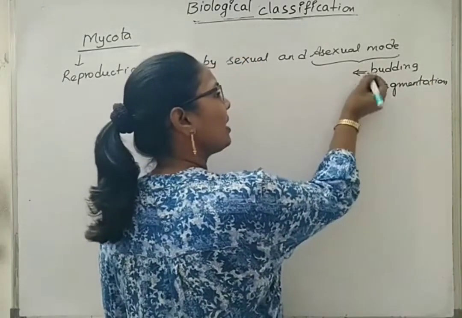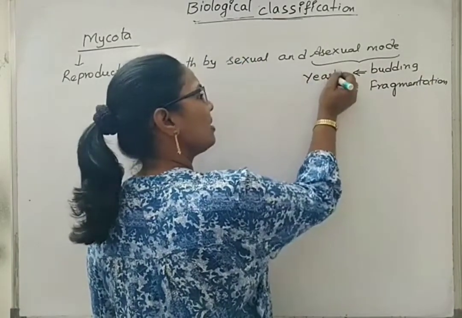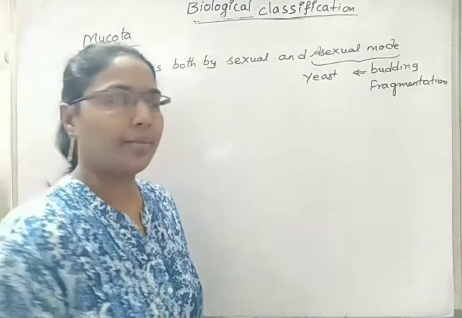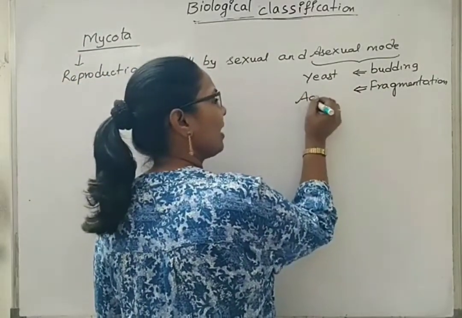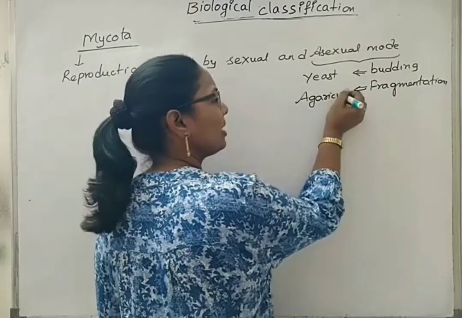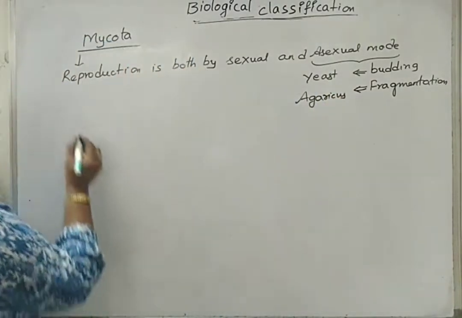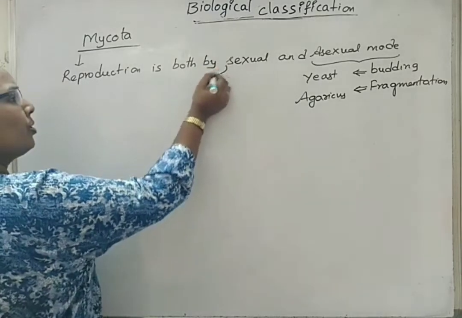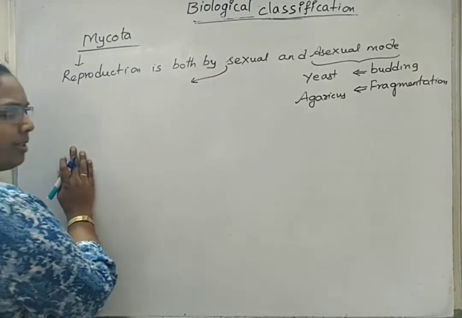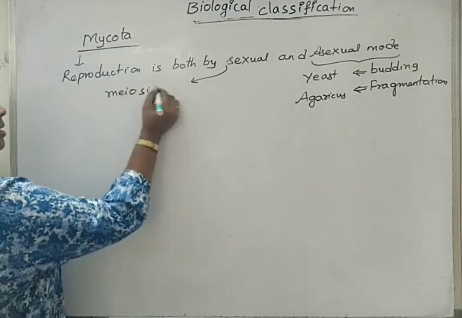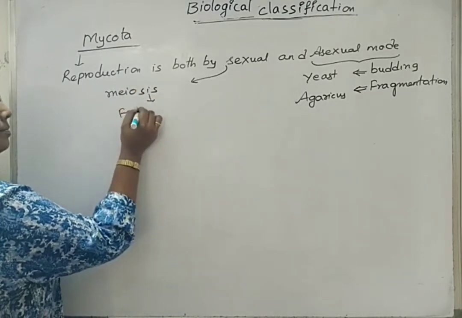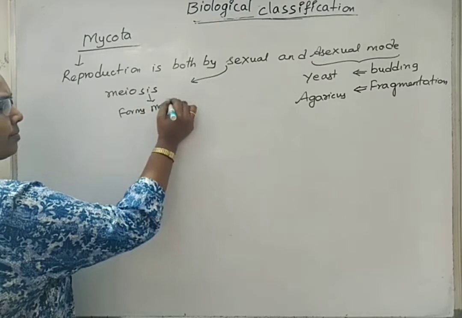Under budding, we can see example like yeast, Saccharomyces cerevisiae. Under fragmentation, we can see example like Agaricus, that is mushrooms. Now, under sexual mode of reproduction, we see meiosis forms meiospores.